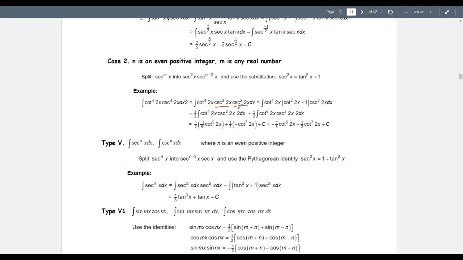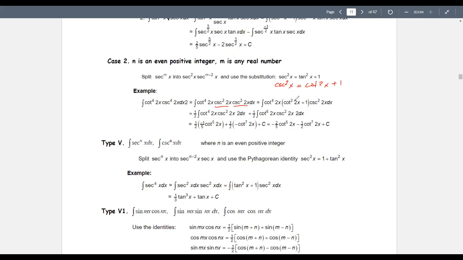As suggested here, the one that has the even positive exponent will be converted using this identity. So you convert the cosecant squared 2x here, only one, to cotangent squared 2x plus 1, just like cosecant squared x equals cotangent squared x plus 1.